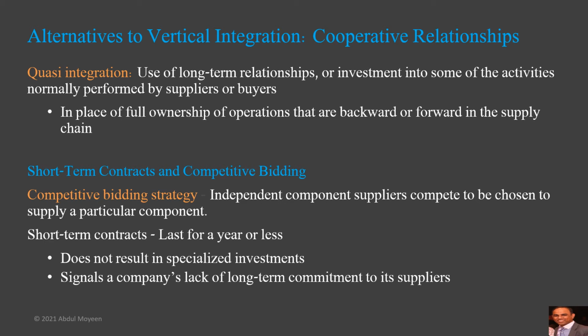So there could be a short-term contract and competitive bidding strategy, which many companies use, that lasts for a year or less to establish the price and conditions under which they will purchase raw materials or components from independent suppliers or sell their final products to distributors or retailers.